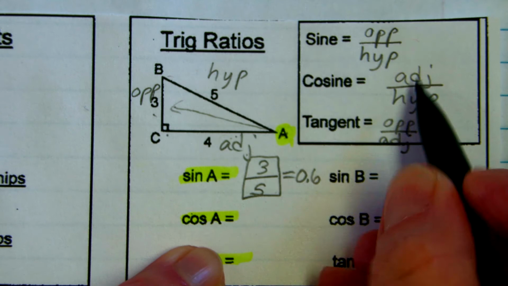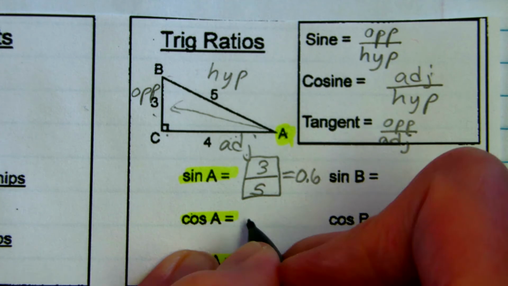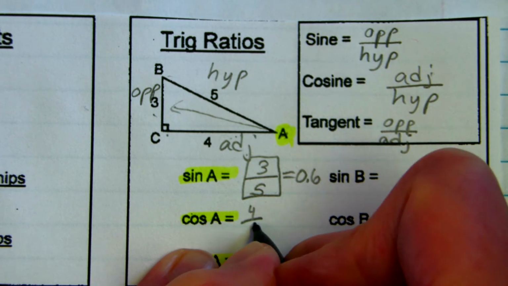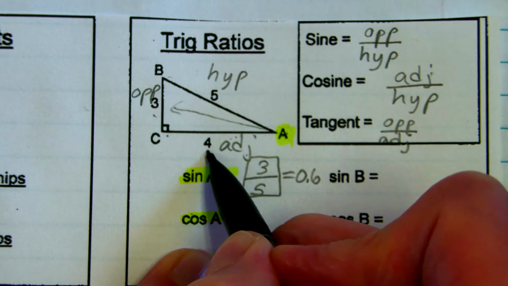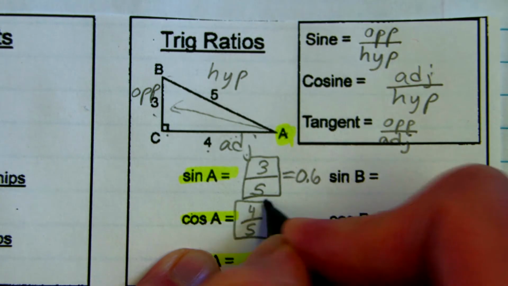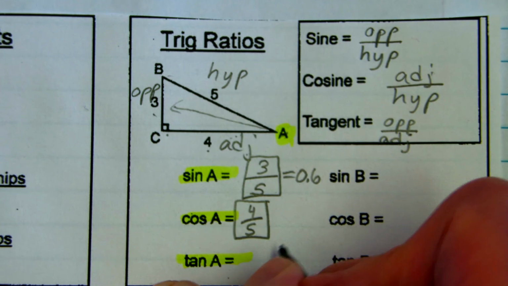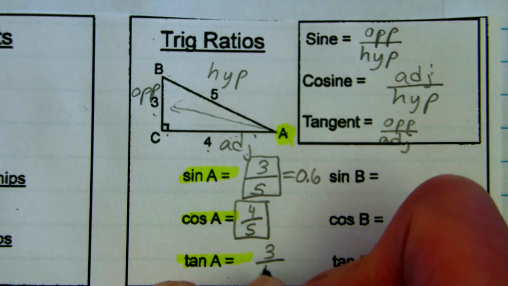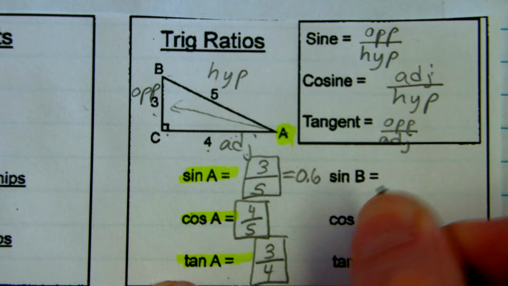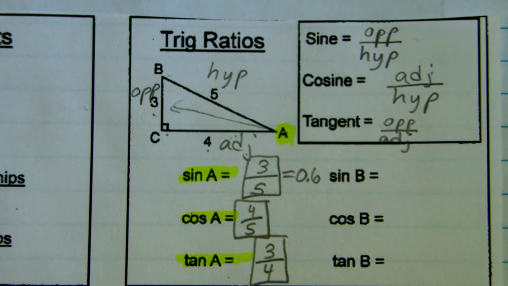So cosine of A, cosine is adjacent over hypotenuse. That's going to be 4/5 because adjacent is 4, hypotenuse is 5. And then tangent is the ratio of opposite over adjacent, so we will have 3/4. Okay, so that's if we are looking at angle A.